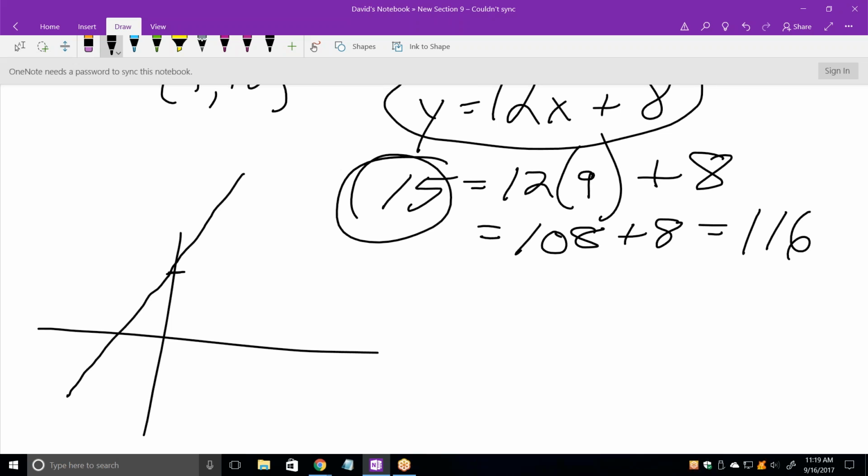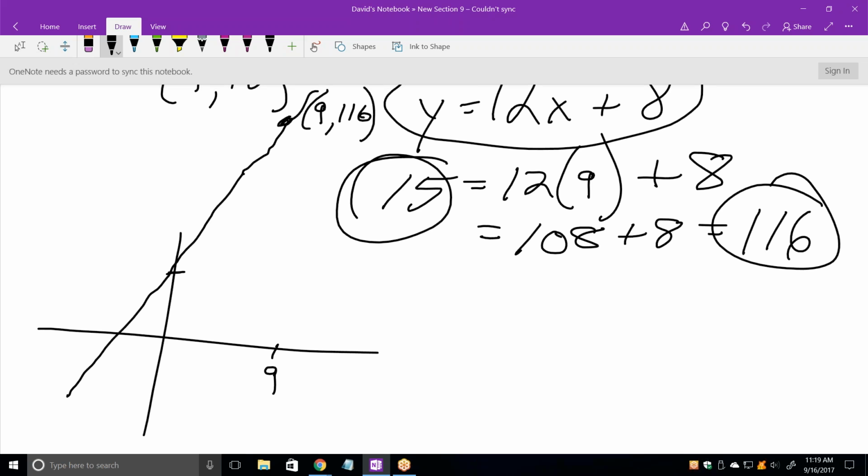Now the question is, is that point on this line? Well, if I go over to 9, I get 116. So it doesn't work. The point that would be on there would be 9, 116. That point would be on the line if I extended it like that.